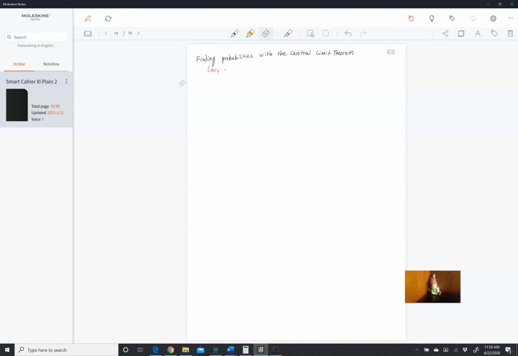This is very similar to what we've done. And this is where it becomes really important to take into consideration normal distribution. And in fact, we're going to use the z-score table again.